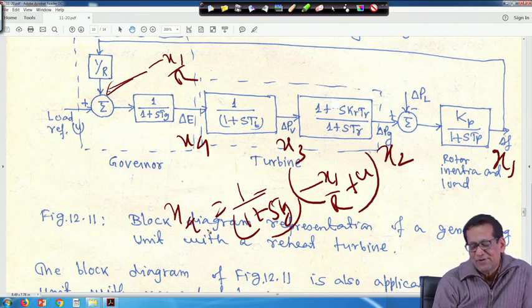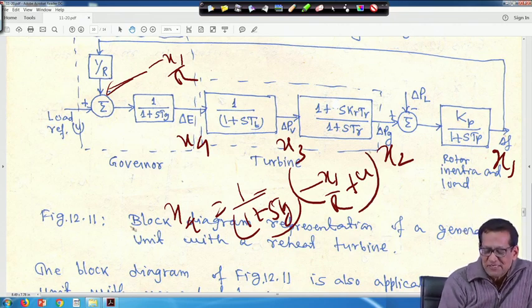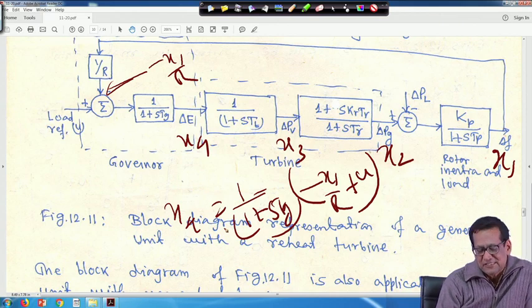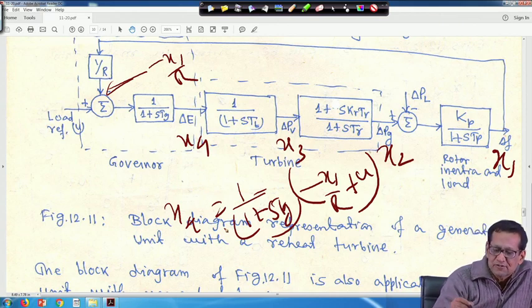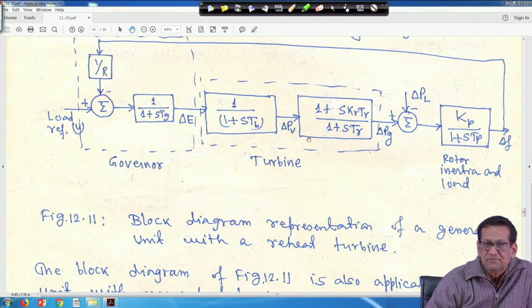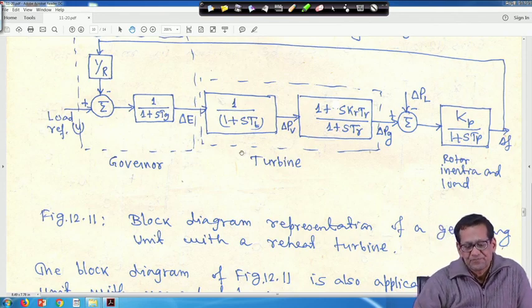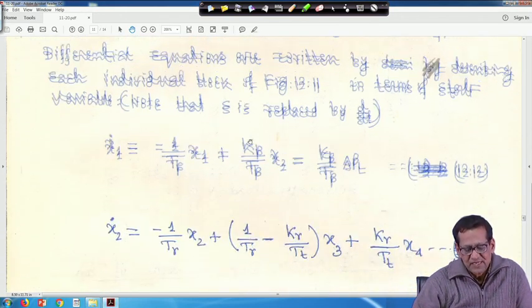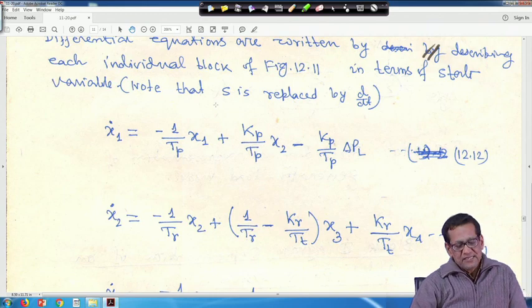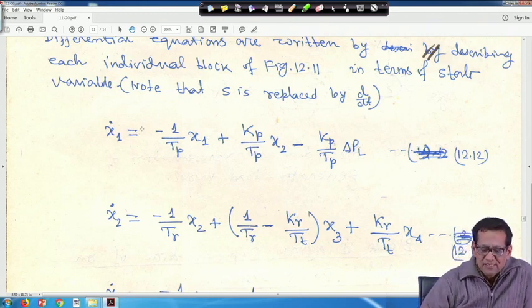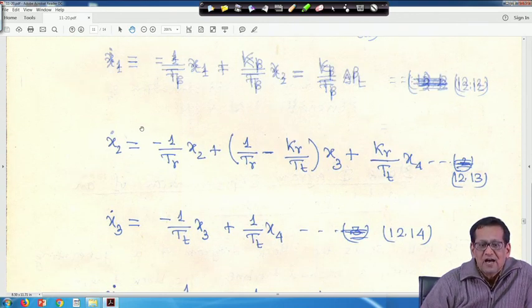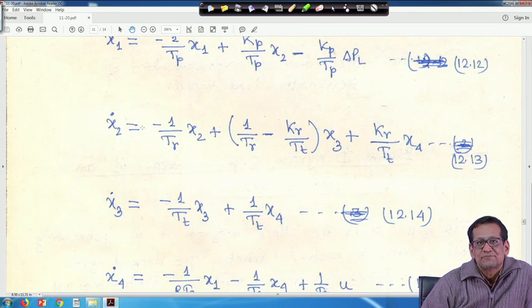Just simplify and cross multiply and you will get the x4 dot, right. That is why we have written x1 dot, x2 dot, x3 dot and x4 dot.